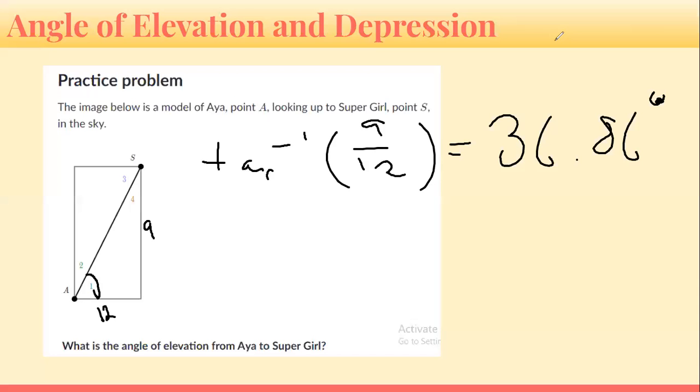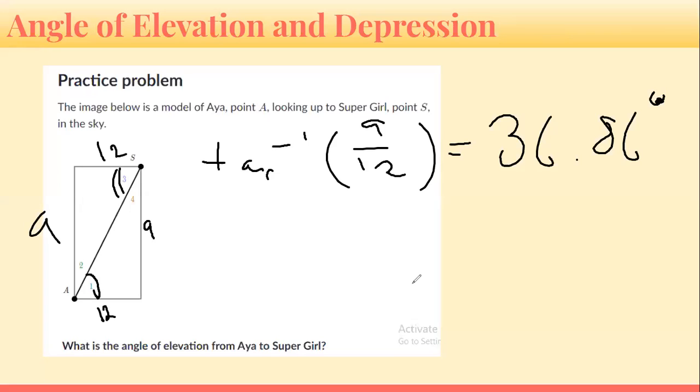Now, if you want to calculate the angle of depression from the Supergirl to Aya, we would be calculating this angle right over here. This is 9, this is 12.